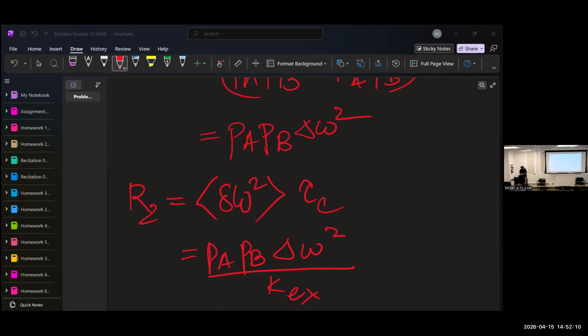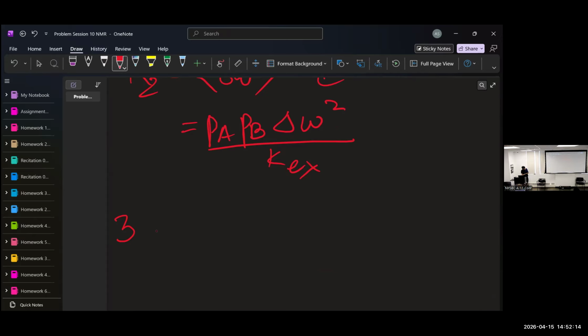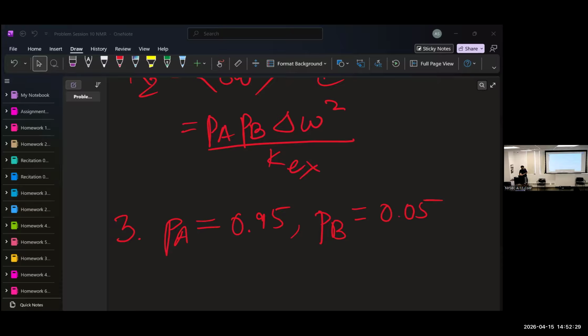Okay, so let's set up the problem. Those are the populations that we have. Then it tells you the secondary chemical shift, which is the difference in chemical shift between the helix conformation and the random coil conformation, is 3 ppm.